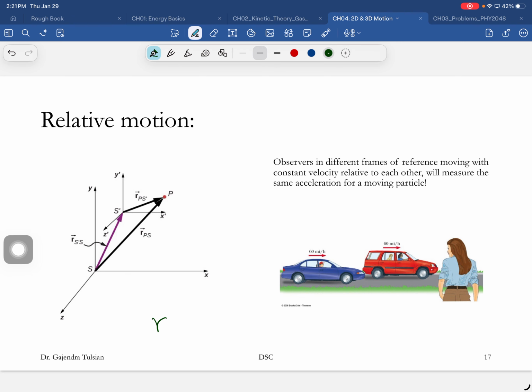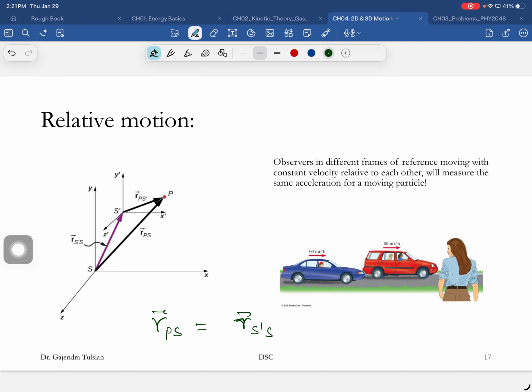Okay, so let's see that. This is the velocity of the rain with respect to the ground plus the velocity of the ground with respect to the car is equal to the velocity of the rain with respect to the car. I inserted ground.